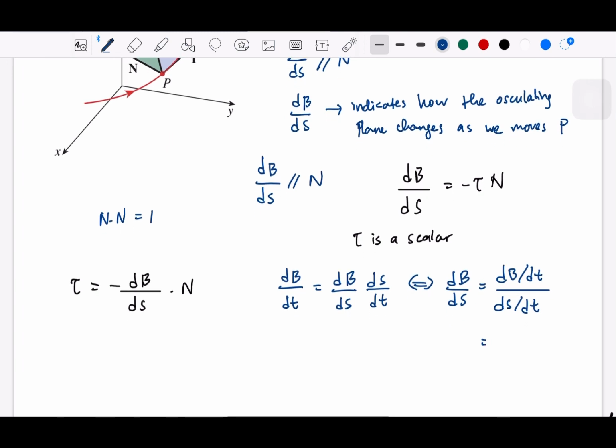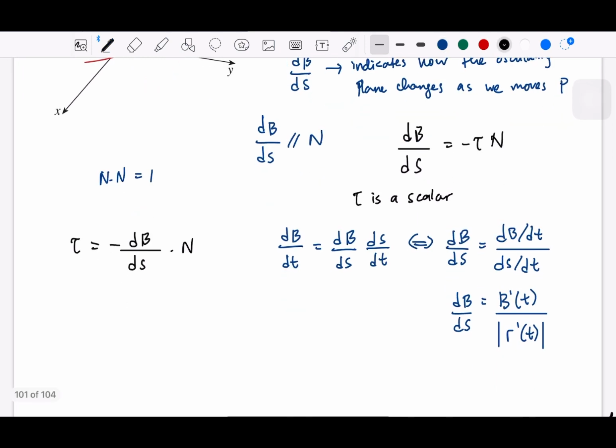So while taking the derivative with respect to t, ds over dt is basically the derivative of the vector position, the arc length. So we can take the arc length as the magnitude value, right? Remember the arc length is going to have the integration, okay, so integration of ds/dt, right? So this is dB/ds.